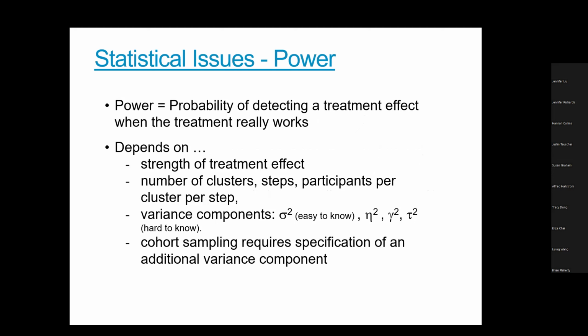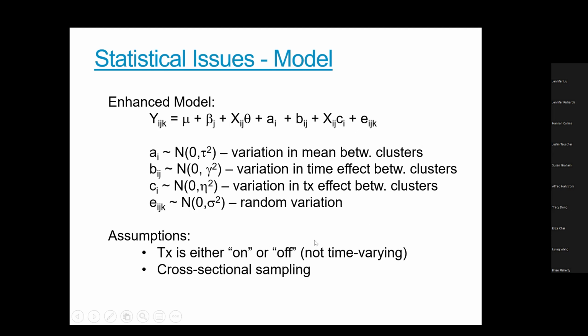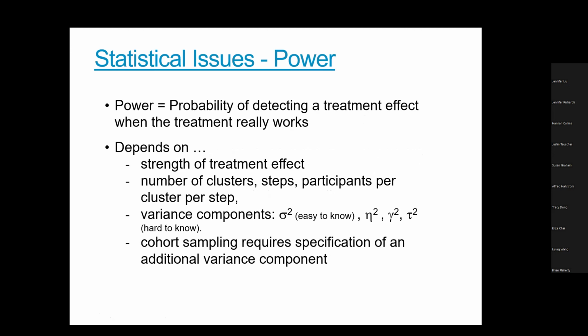I'll remind you that for power or sample size calculations, power is the probability of detecting the treatment effect when the treatment really works. In other words, assuming this theta is non-zero, we want to be able to reject the null hypothesis that theta is zero, that there's no treatment effect. That will depend, of course, on the strength of treatment.